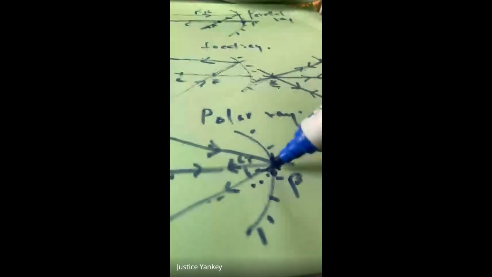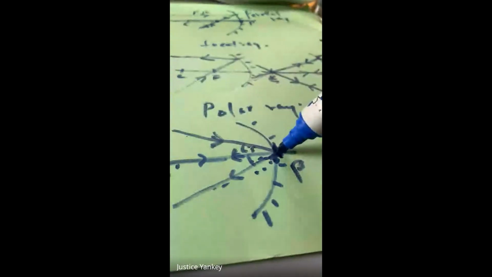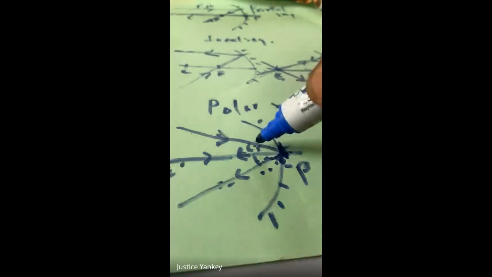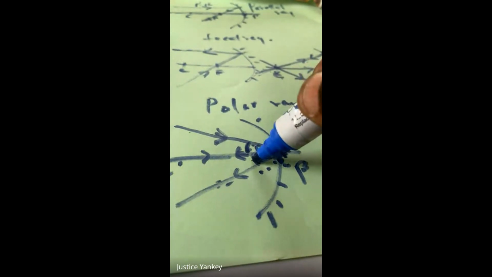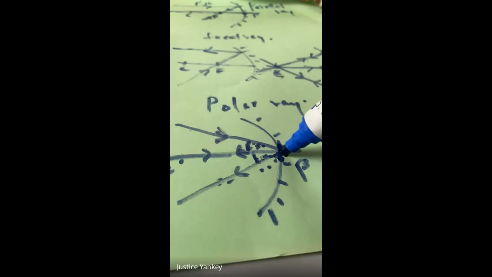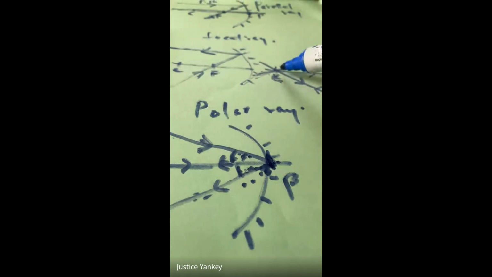Next we have the polar ray, which hits the pole and is reflected as shown in the diagram, so that the angle of incidence here equals the angle of reflection, and the principal axis is a normal. The last one is the central ray, any ray that passes through the center of curvature.